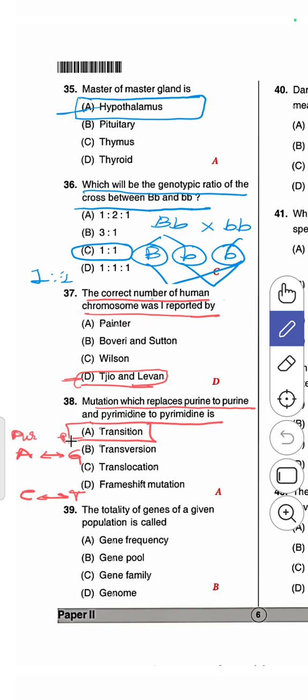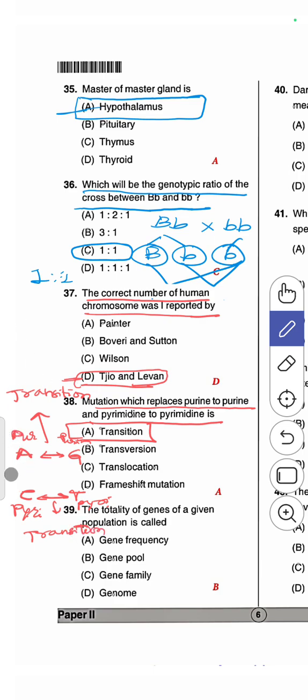This one is also purine. This one is pyrimidine. This one is also pyrimidine. So if you replace pyrimidine with pyrimidine, purine with purine, this one will be considered as what? Transition. And pyrimidine to pyrimidine is also considered as transition.